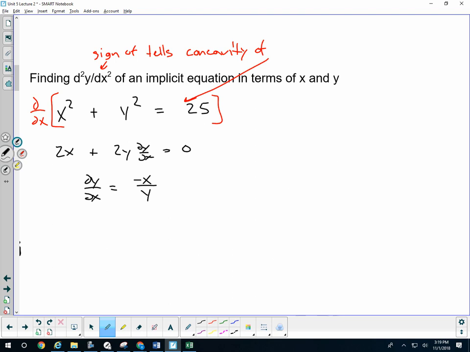All right. Now, after we've taken the derivative and solved for dy dx, we will take the derivative again. Now, you've probably been wondering, though I've told you, why is it d squared y over dx squared? You know, why isn't it like dy squared over dx squared? Why are the 2's where they are?